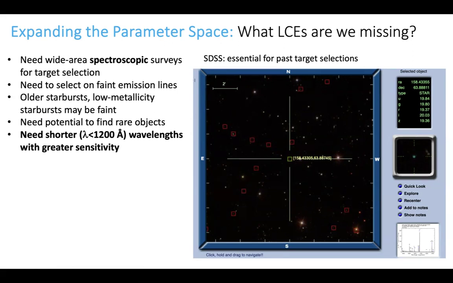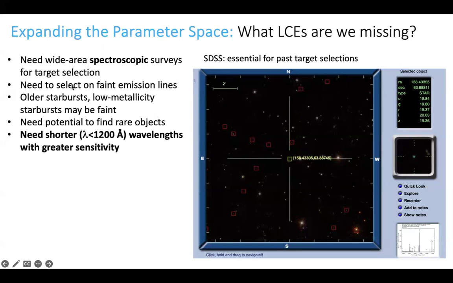It needs to be spectroscopic rather than photometric because you'll pick up something like a green pea with strong emission lines in a photometric survey. But if you want to select on some of these weaker lines, you can only do that with spectroscopy. And again, we need to be able to go to lower redshifts and to go to fainter galaxies. Some of these candidates, aging starbursts or low metallicity starbursts, may be quite faint.